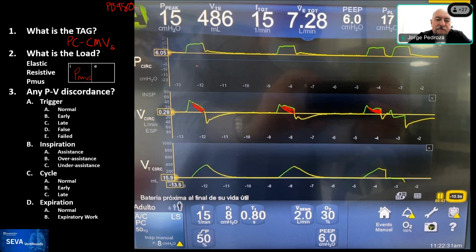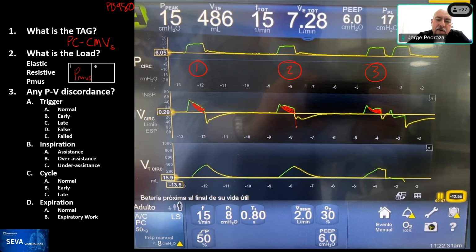We have 3 different breaths, and we can see that the expiration phase is also not triangular. We have some upward deflection, especially in number 2.